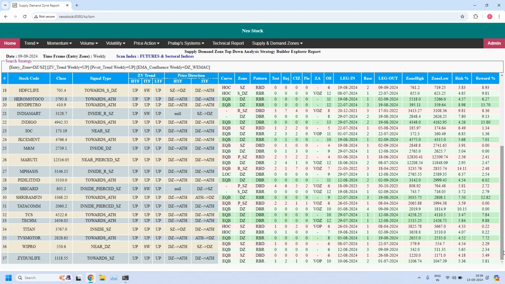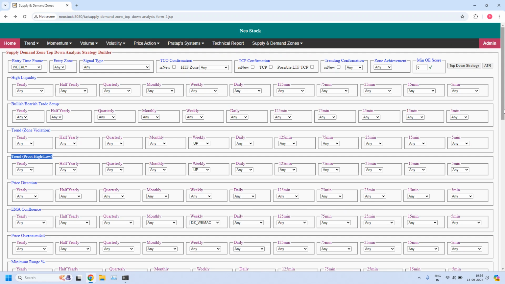Now we can add one more filter. How many of these weekly zones are having confluence with monthly zone? So you can use weekly and monthly EMA confluence, ITF confluence.